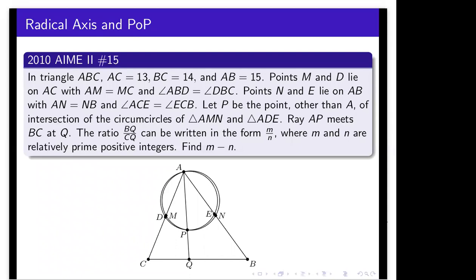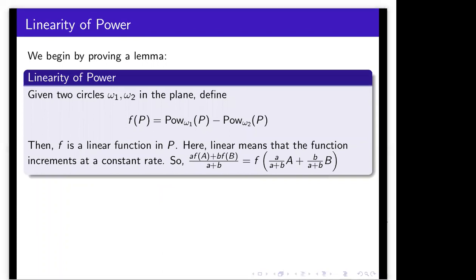But before we begin the question, we're actually going to prove a short lemma, which looks a bit strange, but is actually really useful. It's called the linearity of power. Linearity of power states that if we have two circles, omega 1 and omega 2, in the plane, we can define a function f on all points in the plane, such that f of P is equal to the power with respect to omega 1 minus the power with respect to omega 2.